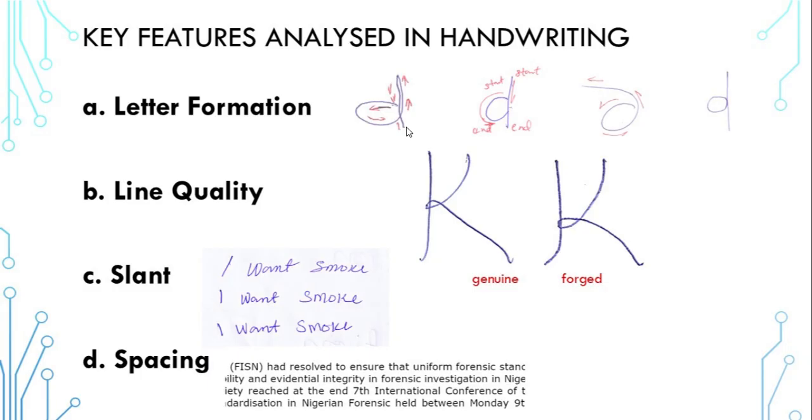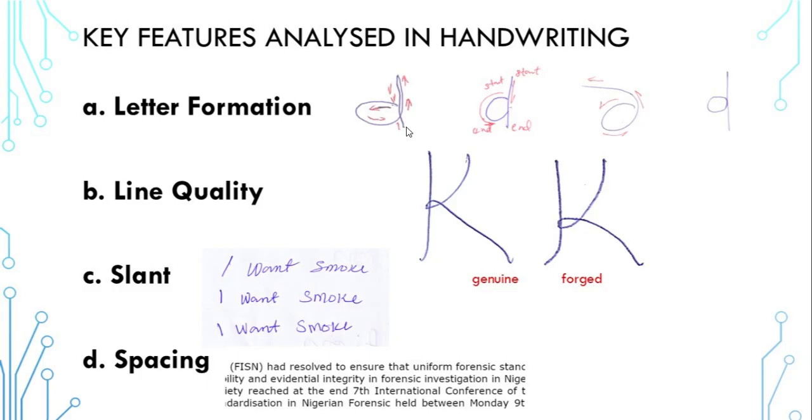For example, if you look at your handwriting, you see that everything you write will lean to the same side. If it is right, everything else you write will be to the right, or to the left. It is the same with spacing. So that is one of the key features in analyzing handwriting.